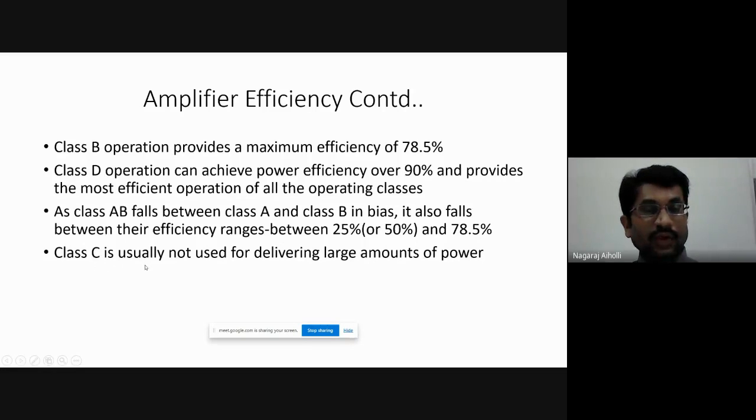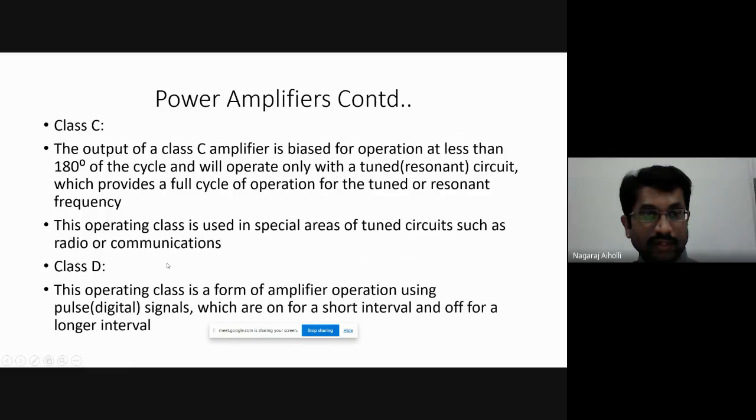Then class C is not used for delivering large amounts of power. Okay, what is class C? We have already gone through that. So class C, the output of class C is biased for operation at less than 180 degrees of the cycle. So it is not reproducing at least half of the input cycle also.